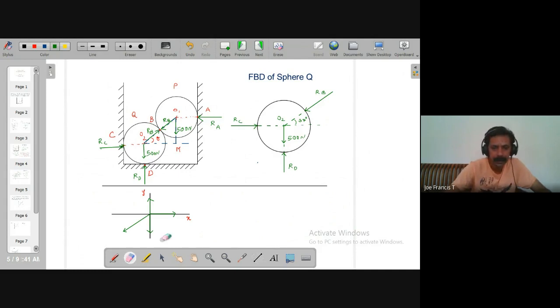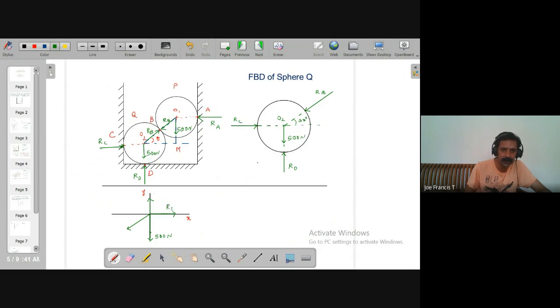I'll just extend this a little bit more so that you can resolve RB. So this is 500 Newton, this is RC, horizontal.